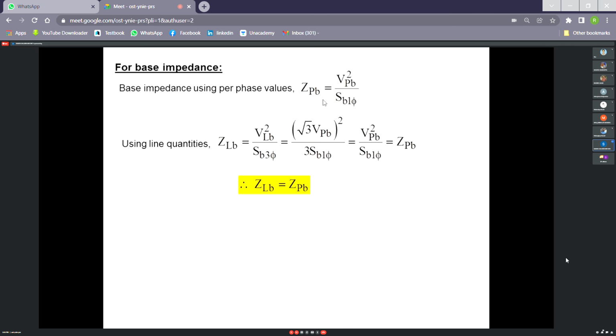So if we use phase quantities for calculation of ZB or line quantities for calculation of ZB, it will give you the same value. Here ZLB means you are using line quantities, and ZPB means you are using phase quantities. Understood? It is not phase value or line value.